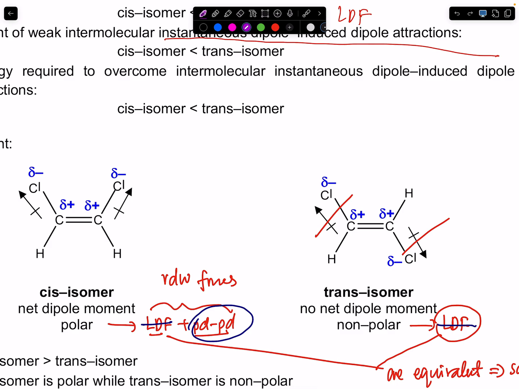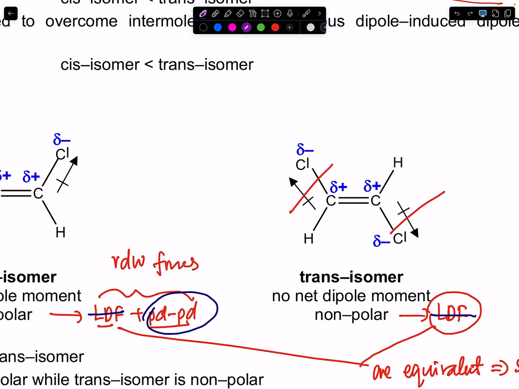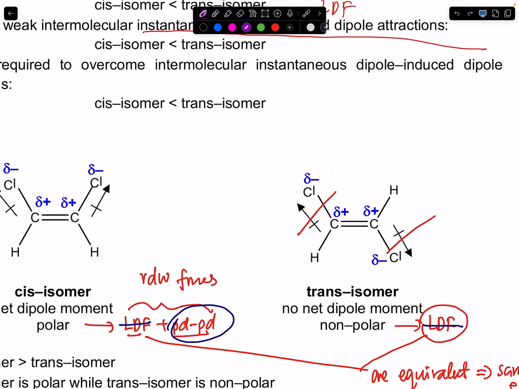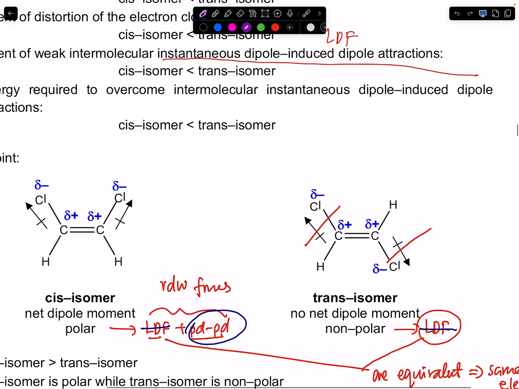Are you guys able to see that I cancelled the words London dispersion forces? And why did I cancel it out? Because they are the same. Because they are isomers, their size of electron cloud is going to be the same. Therefore, I cancel. And I cannot even talk about surface area of contact because they are liquids. When you go from liquid to gas, you don't talk about surface area of contact because your particles are further away from each other.